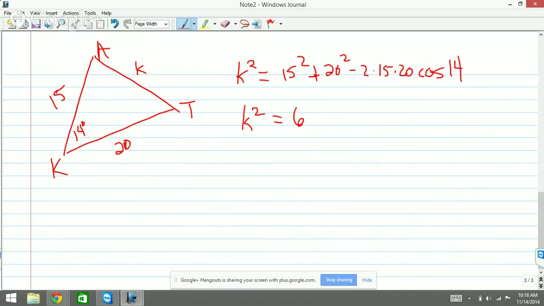225 plus 400, 625. 30, 300, 600. Cosine 14. So 600 times cosine 14.